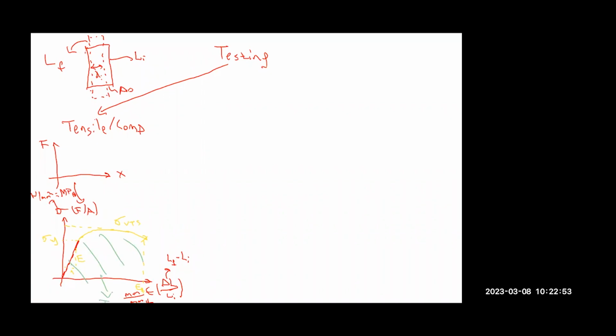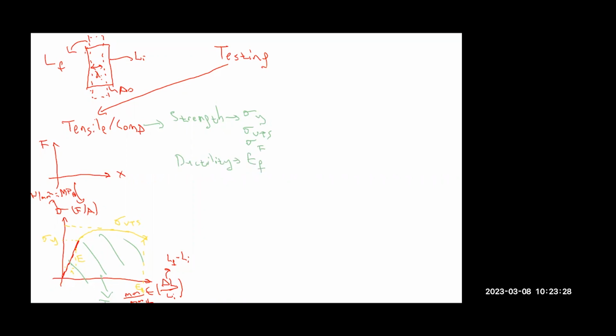Therefore, after a tensile or compressive test, we measure the strength of a material by quantifying the yield stress, ultimate tensile stress, or fracture stress. Ductility of a material, fracture strain.